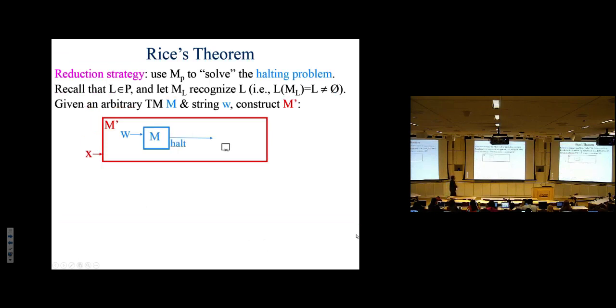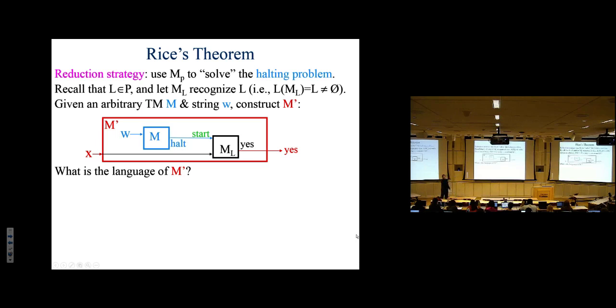So the machine for L is right here. So if M halts on W, it'll fire up this machine M sub L. And M sub L will be run on the input to M prime. And if the answer is yes, we'll say yes. Otherwise, we'll just keep simulating M sub L. And by yes, we mean halt and accept. So if M sub L accepts, we will accept. The red M prime will accept too. So that's how M prime is constructed.